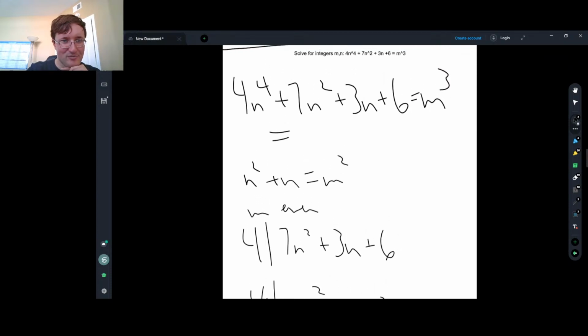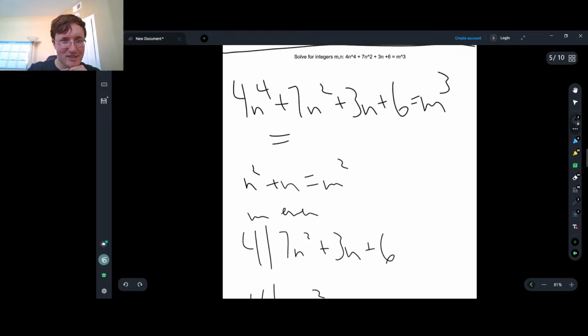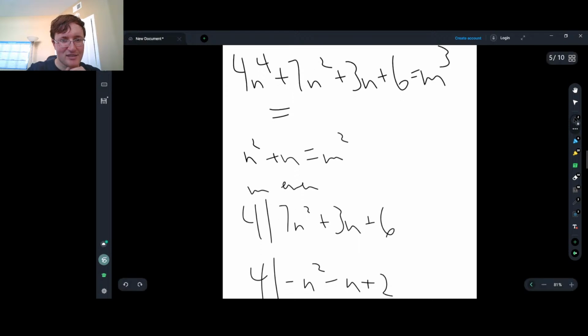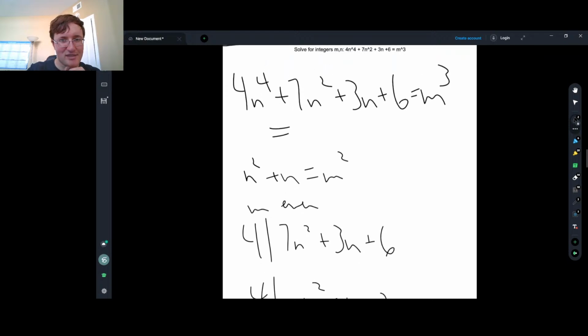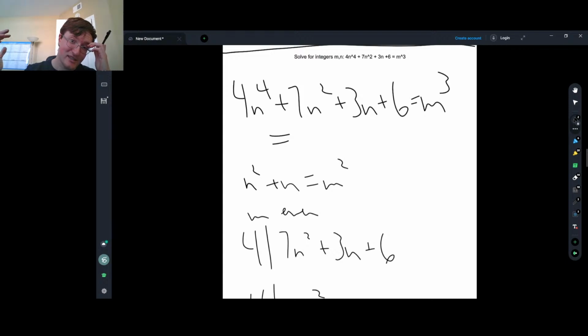Oh, well, squares are always 0, 1, or 4 mod 8. Maybe I should take it mod 8. Okay, if n is even... if n is 0 mod 8, I get 6 on the left, which is bad. If n is 1, I get 11, I get 20, which is also bad, I think.